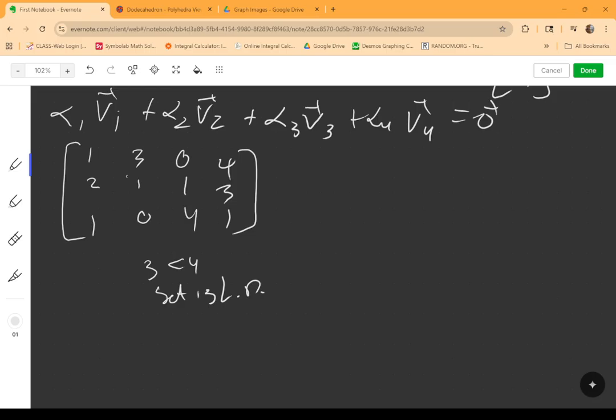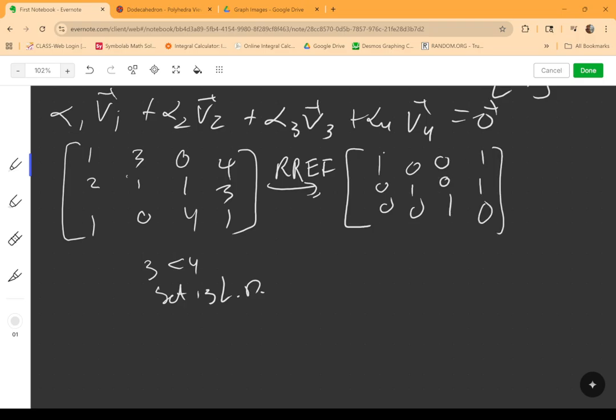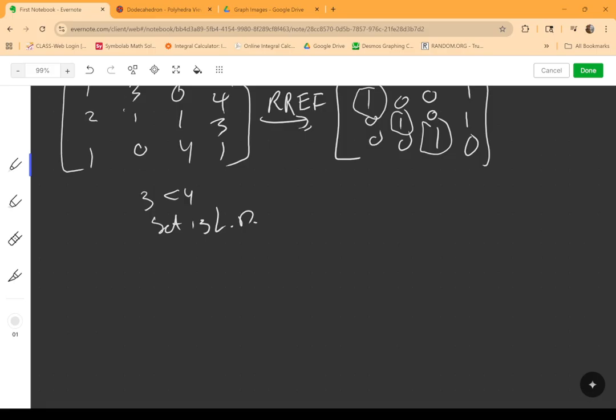So I'll start off by doing reduced row echelon form. That reduces to 1, 0, 0, 0, 1, 0, 0, 1, 1, 1, 0. What this tells me is we have these 3 pivots, and back substituting, we see alpha 3 is 0 from that last row.